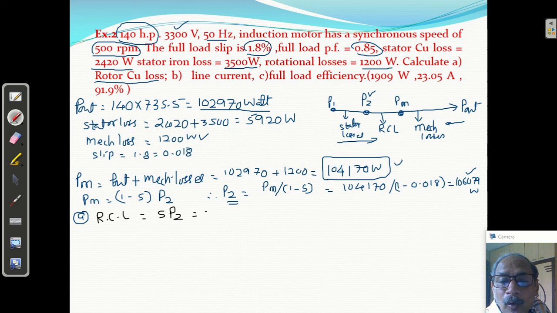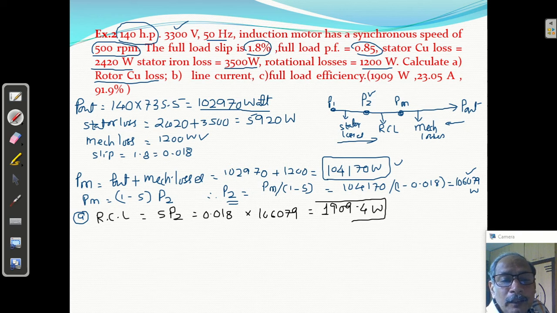S कितना है? 0.018 into P2, which is 106079. So I am getting the answer, rotor copper loss equal to 1909.4 watt. That is the first answer, part A.